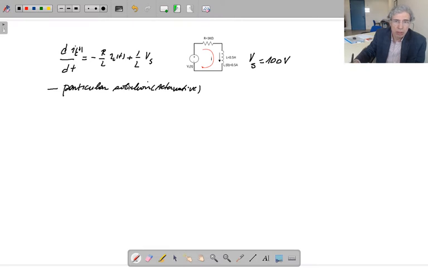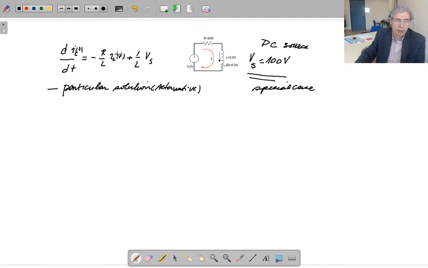In our special case the source is DC. So the particular solution is a solution in the form of the DC source which validates these differential equations.